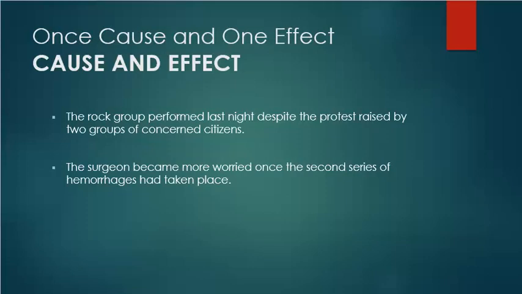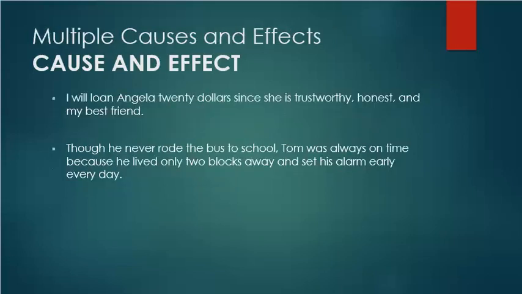Here's some more examples. Again, I'd like you to write them down, write the sentences down, underline the cause, circle the effect. Now that you're back, we're going to talk about multiple causes and effects. I will loan Angela $20 since she is trustworthy, honest, and my best friend.